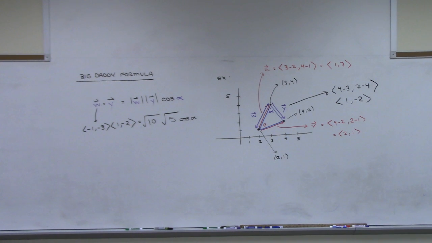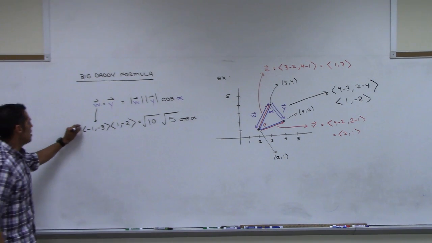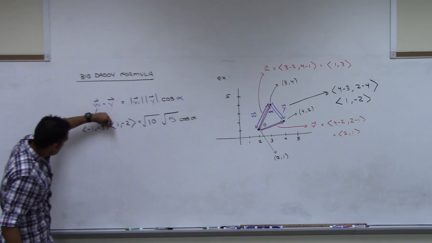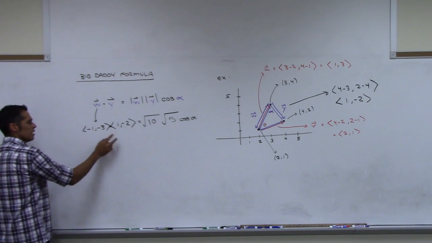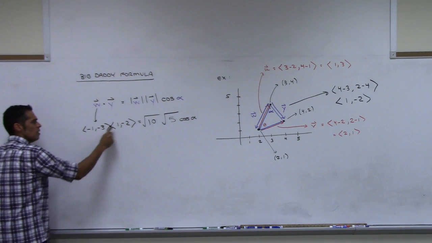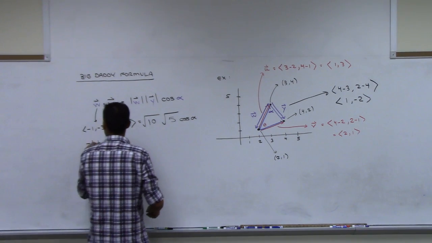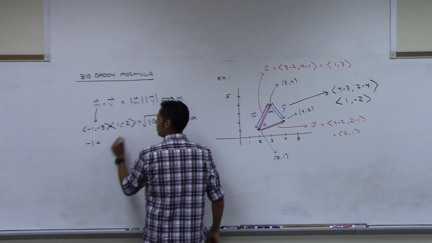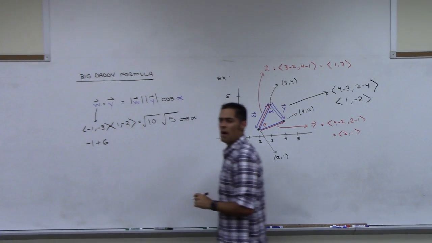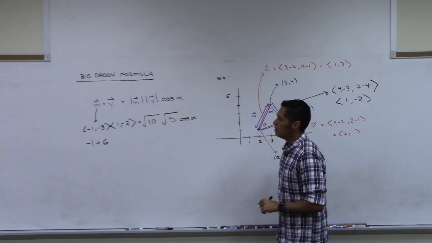Good? We can solve this for alpha now after a little bit of work. So what is this dot product here? I forgot to put the dot in there. Dot, dot. So what's this dot product? Negative 1 plus 6. That's going to give us 5, isn't it? Oh, no, sorry.